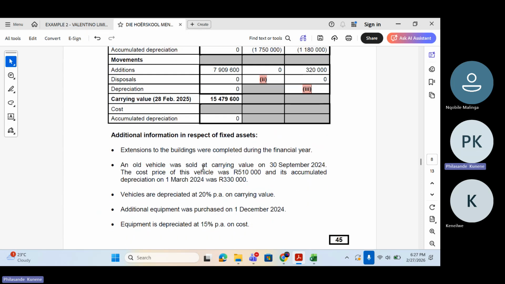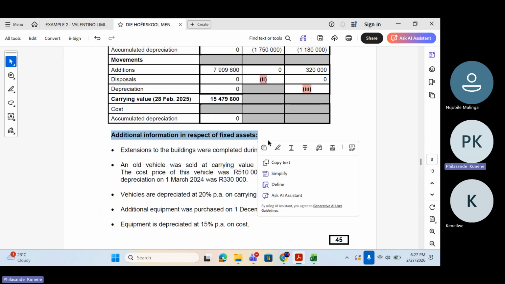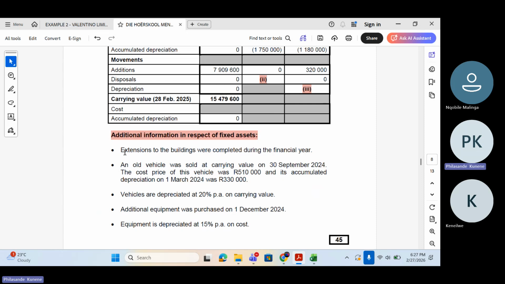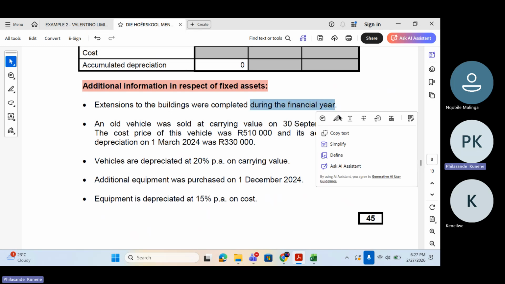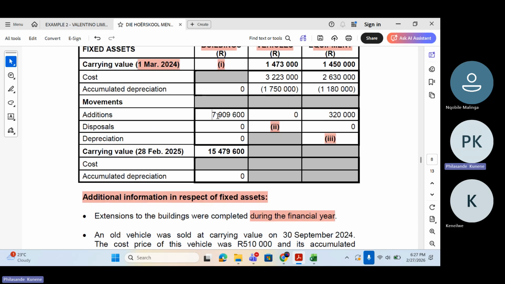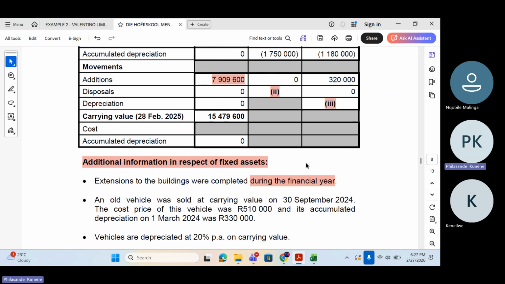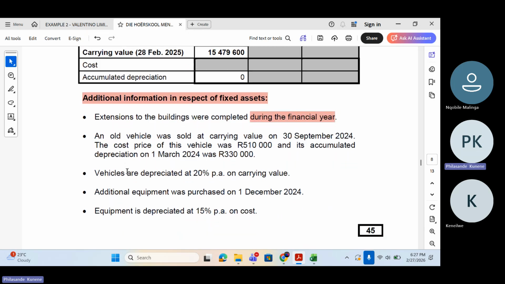Looking at the additional information in respect of the fixed assets, they're saying extensions to the buildings were completed during the financial year, which means there will be additions on the buildings. As you can see, there were additions of 7,909,000, that is 7.9 million. The second transaction: an old vehicle was sold at carrying value on 30 September 2024.